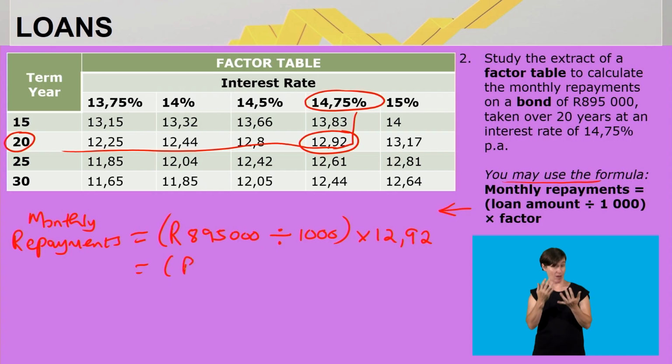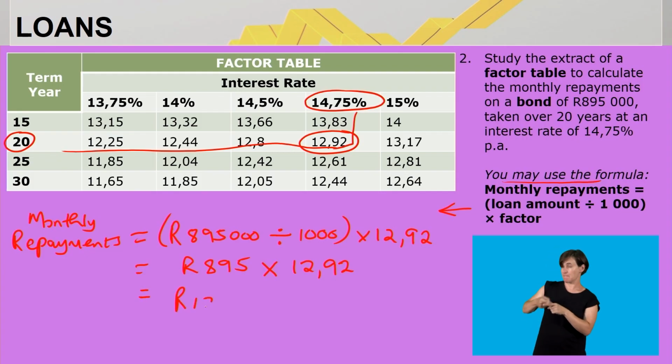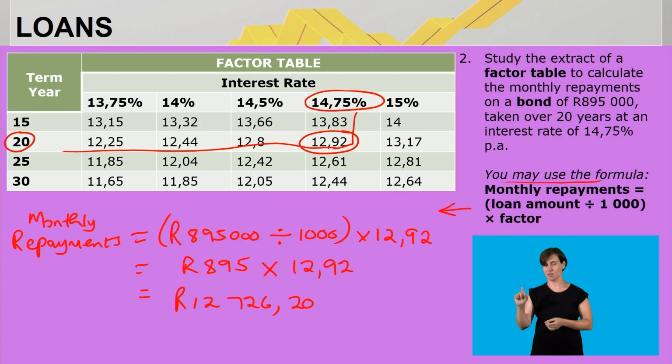So this will give us 895, after I've divided it by 1,000. This I will now multiply by my factor of 12.92. This will give us a monthly repayment of 12,726 rand and 20 cents. I'll repeat, 12,726 rand and 20 cents.